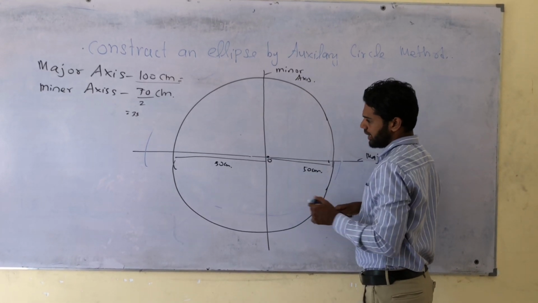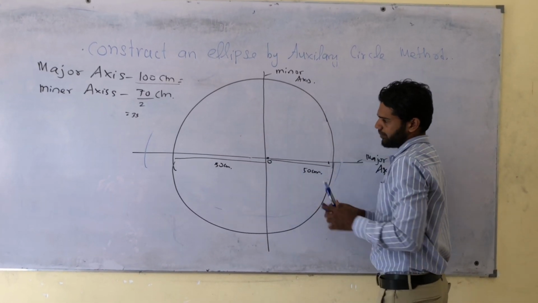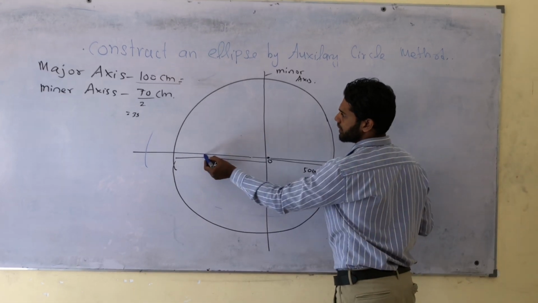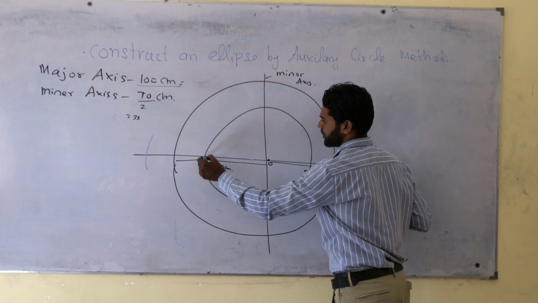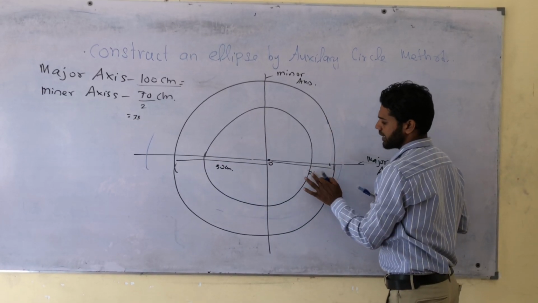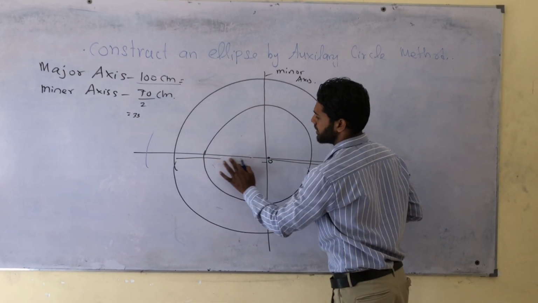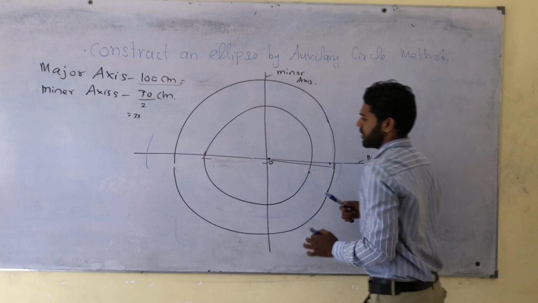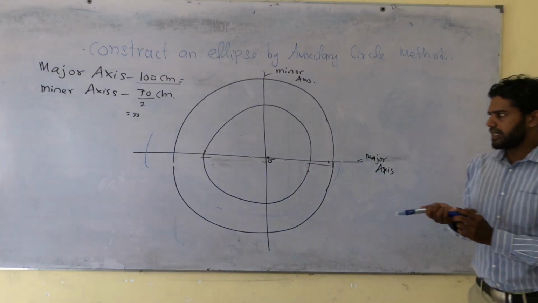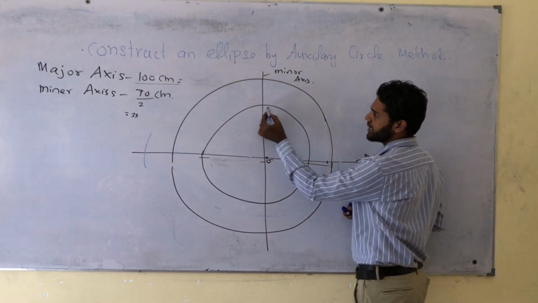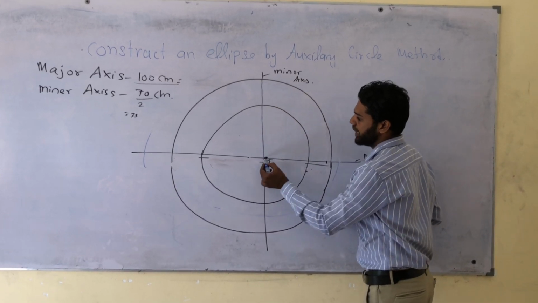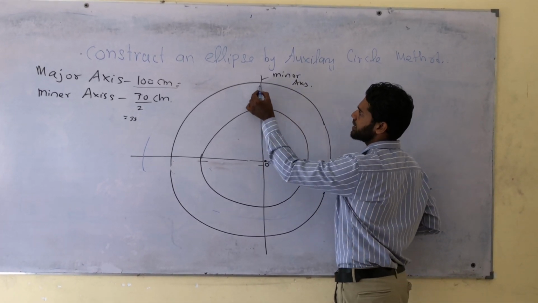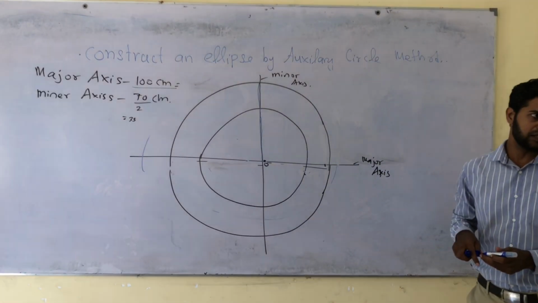So you will draw another circle, radius of 35 centimeter. I will trace this one. Let's say this is your radius 35 centimeter, and the bigger circle is the radius of 50 centimeter.